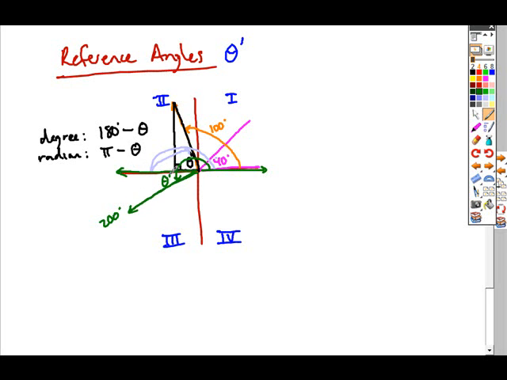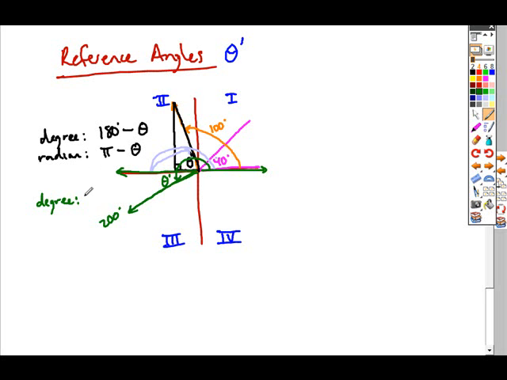And so what would we have to do in order to find the reference angle of this green angle, an angle in quadrant 3? Again, all we know is this original angle measure, 200 degrees. What's this reference angle going to be? 200 minus 180.